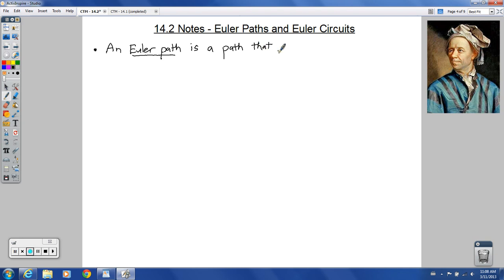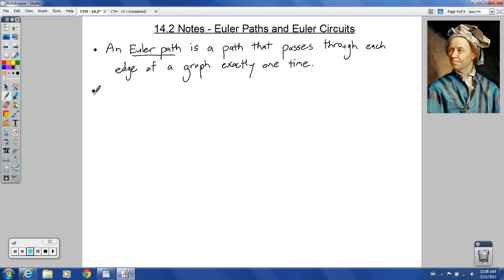But it's a path that passes through each edge of a graph exactly one time. So each edge gets crossed exactly once.